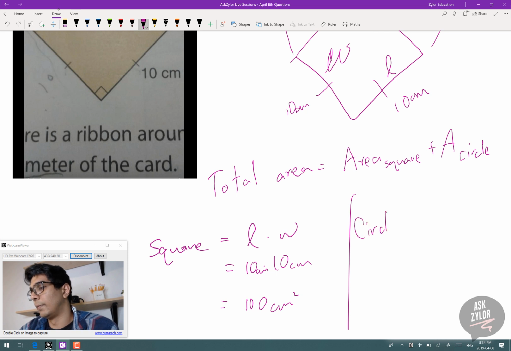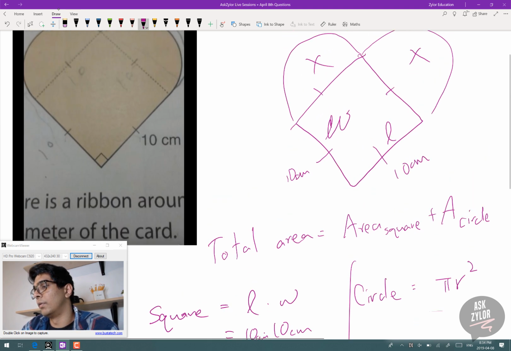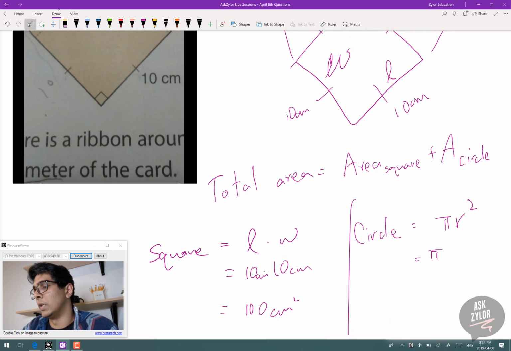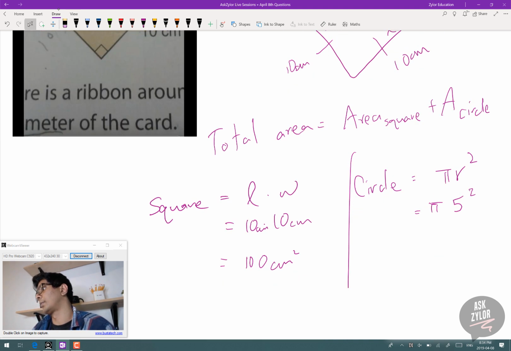Right. My circle, the area for a circle is pi r squared, so my radius is going to be half of the length of my square, which is just 10 over 2, which is 5. So I have pi times 5 squared, which gives me 25 pi.